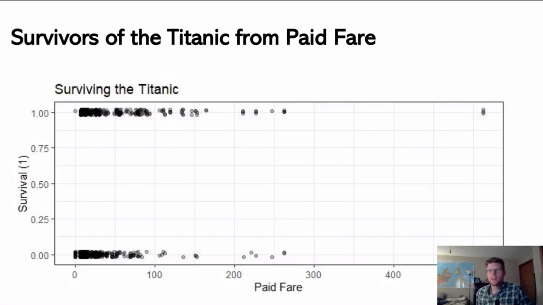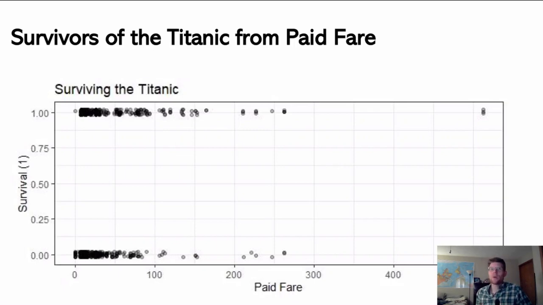It's hard to tell from this, but I tend to think that people who paid a little bit more seem to have a slightly higher chance of survival. But again, it's hard to see with all the clustering. There's a lot of overlap that makes it difficult to parse out. But this is my intuition looking at this: is the probability of survival higher if you paid a higher fare?